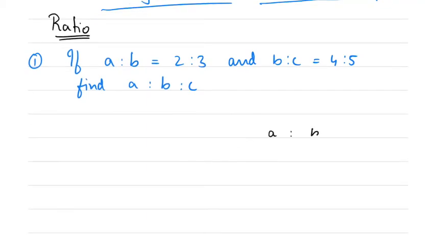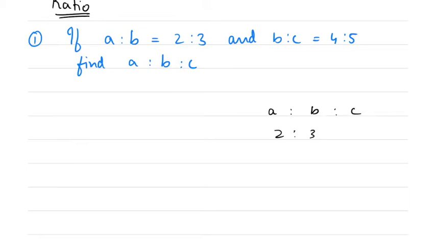A is to B is 2 is to 3, right? And B is to C is 4 is to 5, right? So multiply the first ratio by the first term, that is B's value, 4.